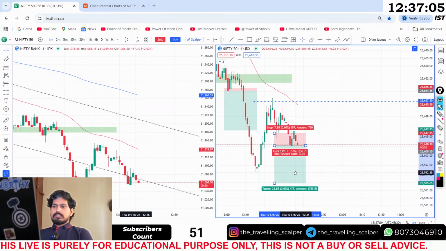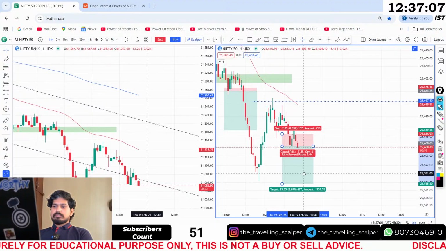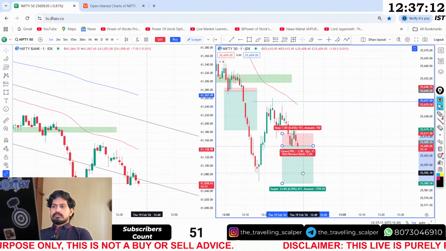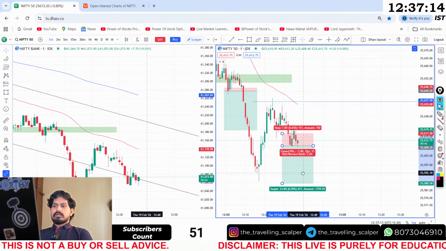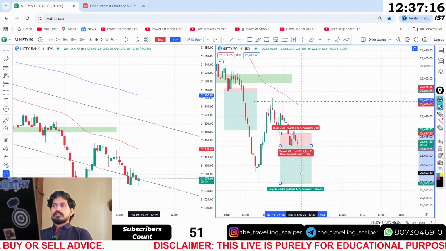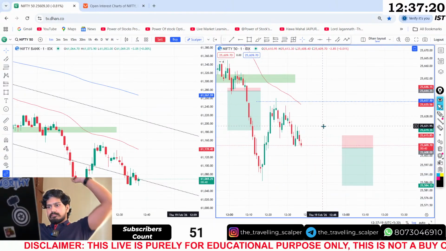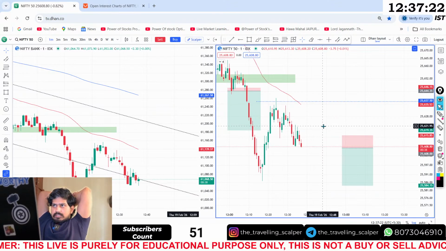Below this candle we'll be planning for a downside trade. Okay, one second. I want a closing below this candle. Let's see. Let's wait for the candle to close.